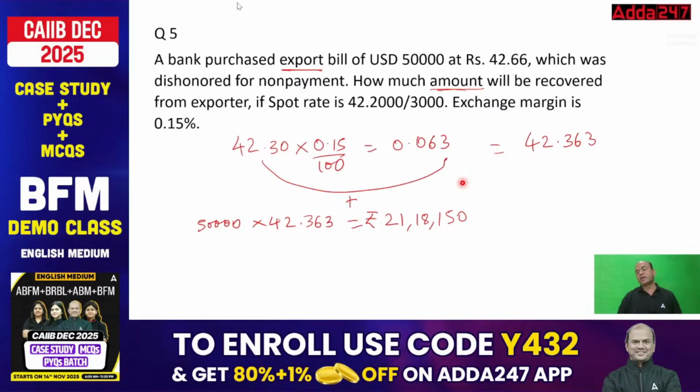42.596. Okay, so your answer is 42.596. So this you'll just multiply now, and that is the amount you'll be getting. 21 lakh 33,000 was credited to that customer. Now you tell me, everyone got the answer?